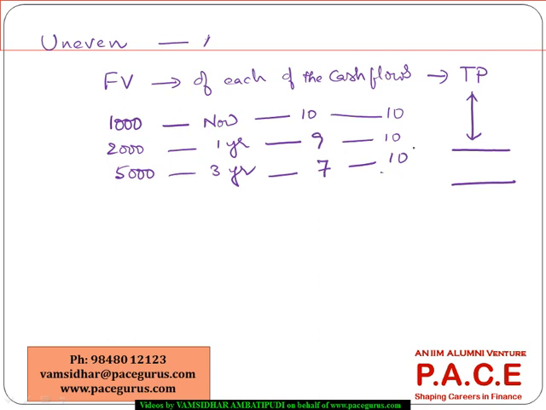So the future value, I compute it at the end of 10 years from now. For this also I will compute the future value exactly 10 years from now. This also, the future value exactly 10 years from now. Then all I can do is add up all of them and say that this is the overall future value of these uneven cash flows occurring at different points in time.